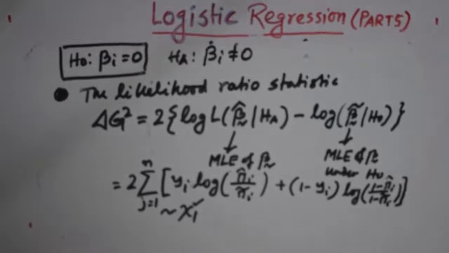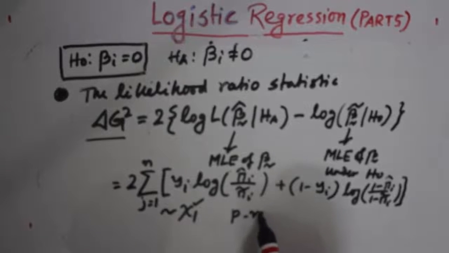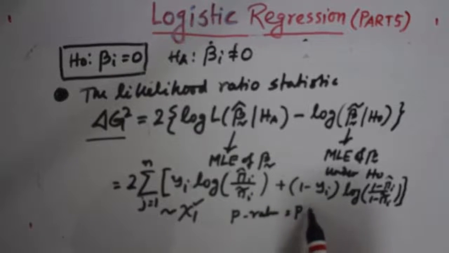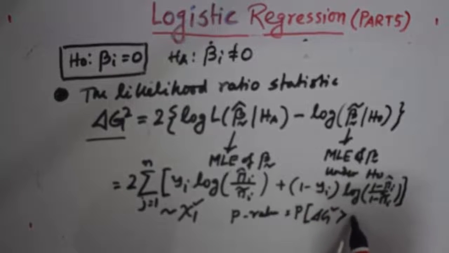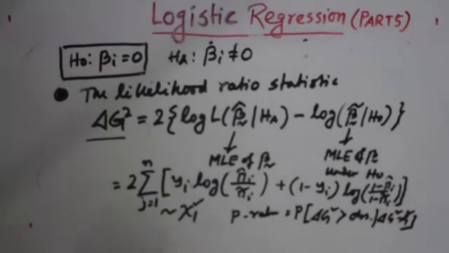So here we can also compute the p-value or use the critical region approach. First you compute this statistic, and the p-value is probability of delta G square greater than the observed value, given delta G square follows chi square with 1 degree of freedom.